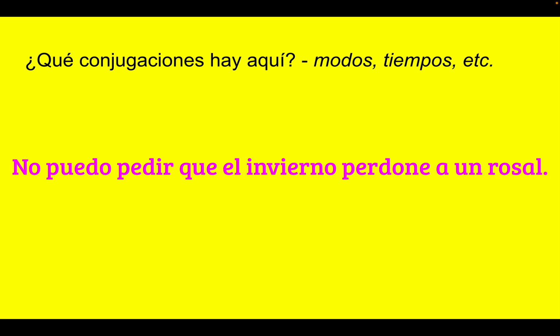There is your que, your relative pronoun. Your first subject is yo, puedo, and el invierno is your second subject. Perdone is your verb from perdonar. No puedo pedir que el invierno perdone a un rosal. Perdone is in the subjunctive.